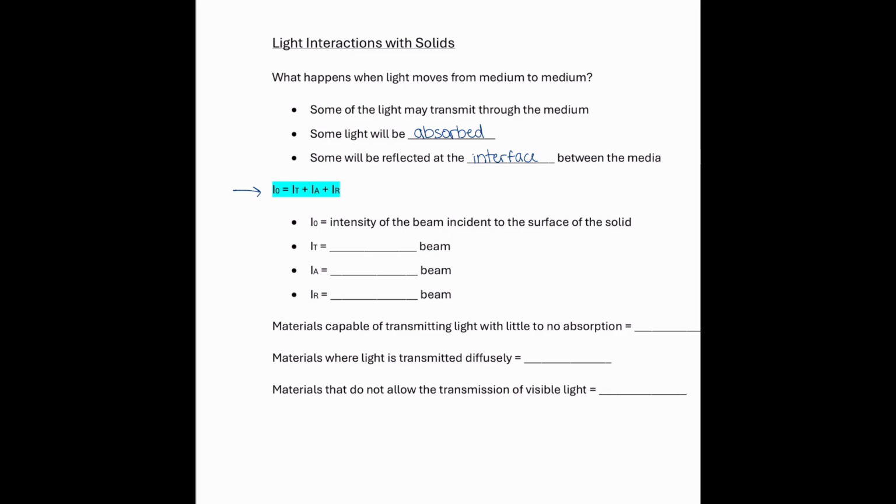Well, T is going to stand for transmitted, so the transmitted beam intensity, of course, and A will stand for absorbed, the absorbed beam intensity, and R is the reflected beam intensity.